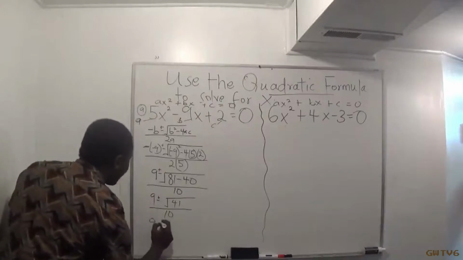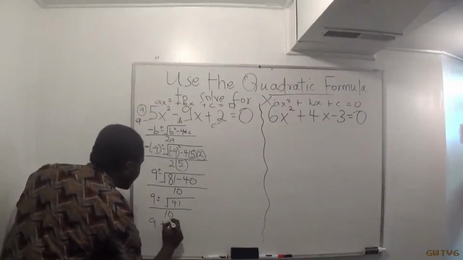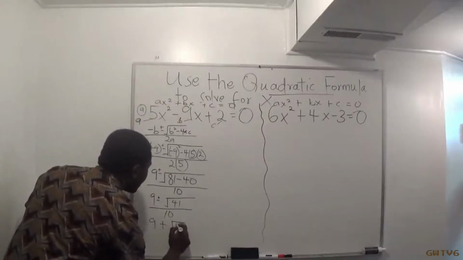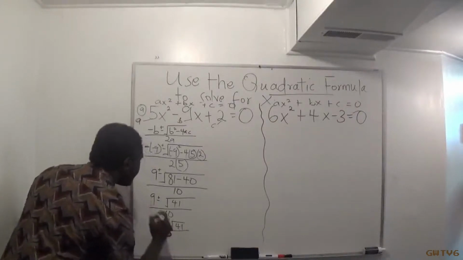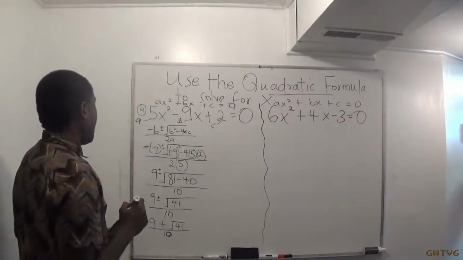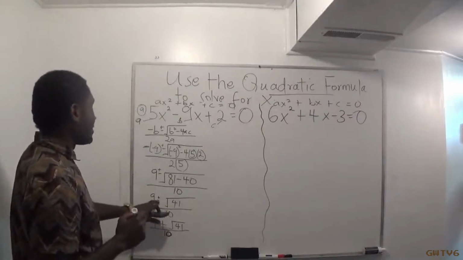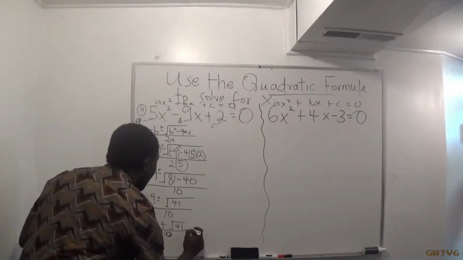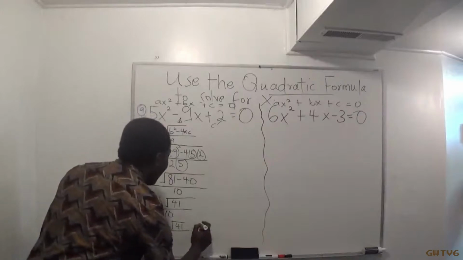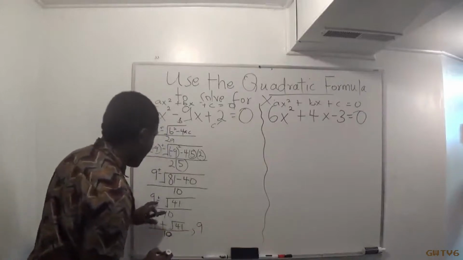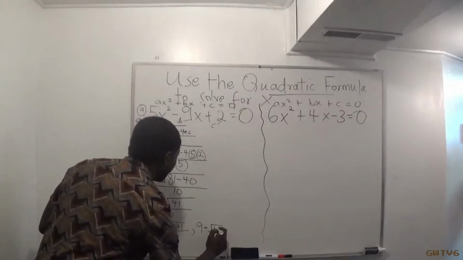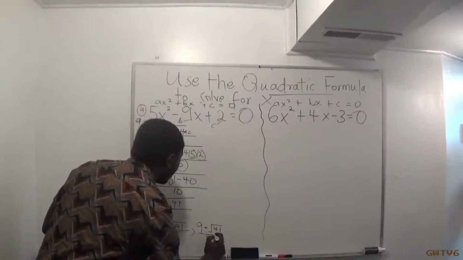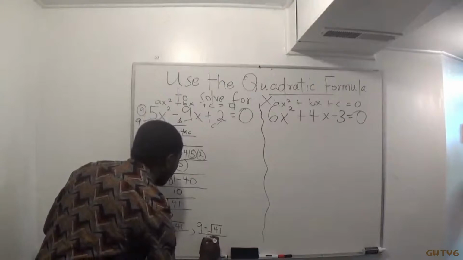I pick one side first: 9 plus the square root of 41, the whole thing over 10. And the other one is a minus: 9 minus the square root of 41, the whole thing over 10.